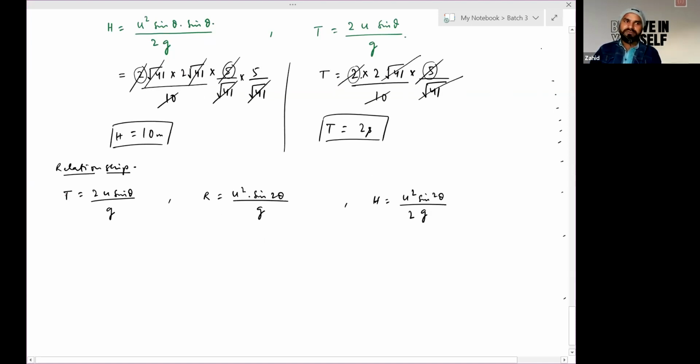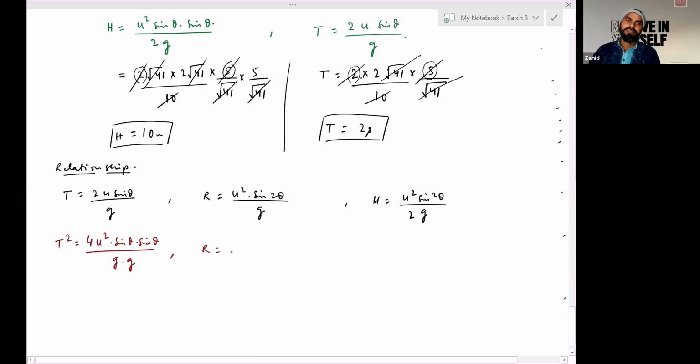Since for time of flight we have only u, but for range and height we have u square, we will take the square of the time of flight. So t square is equal to 4 times u square sine square theta, that is sine theta into sine theta, divided by gravity square, that is g into g.